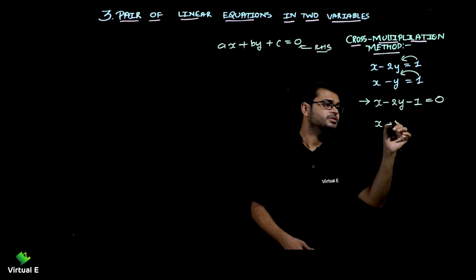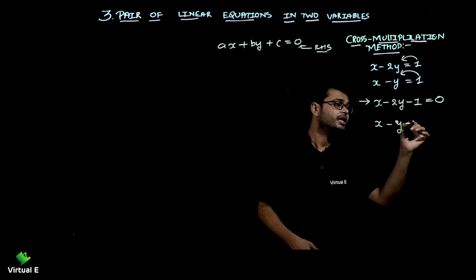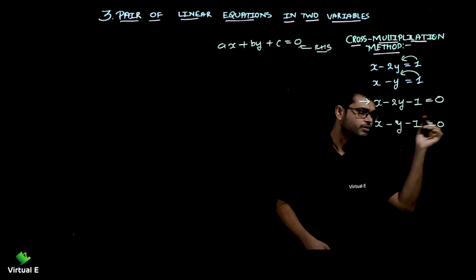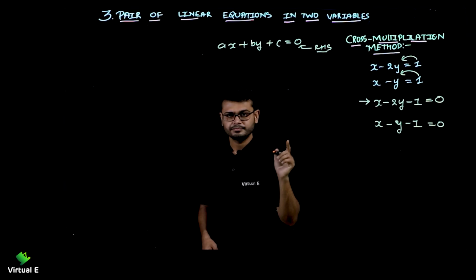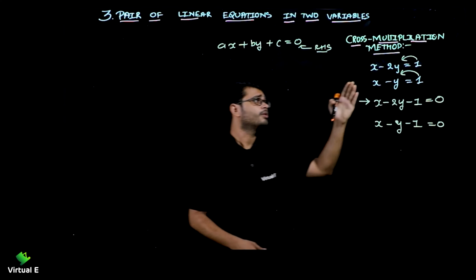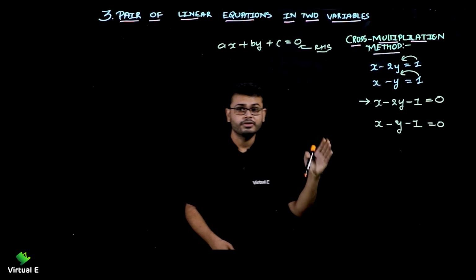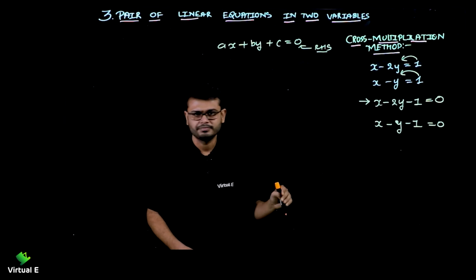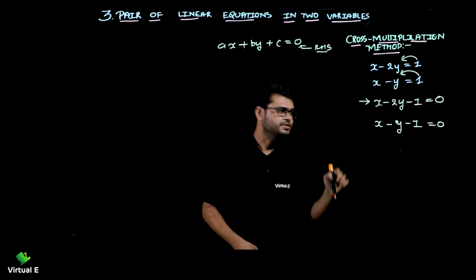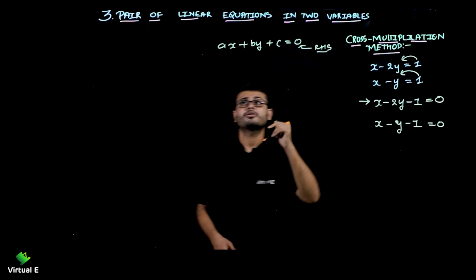So x minus y minus 1 is equal to 0. Always remember that if you are doing cross multiplication method, don't do this method without converting equations into standard form. That's not going to give you correct answer. So let me write over this side.